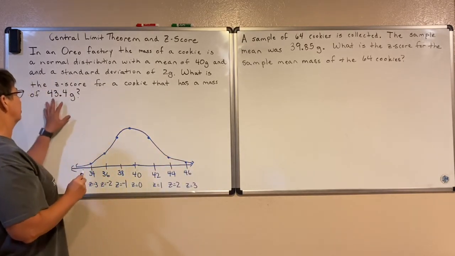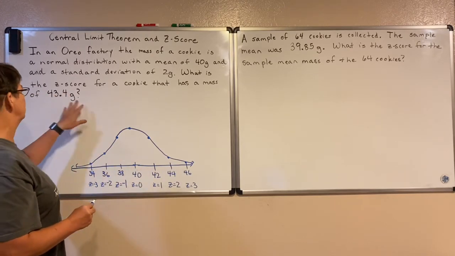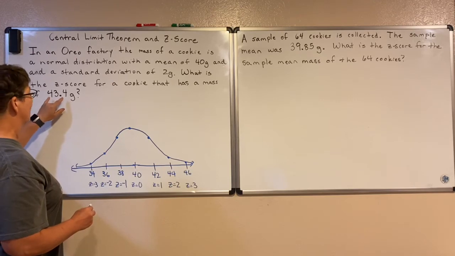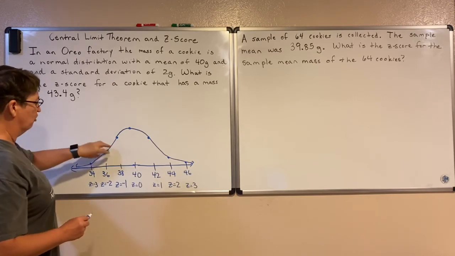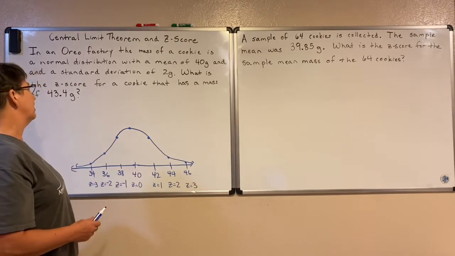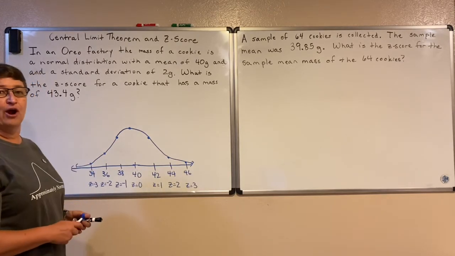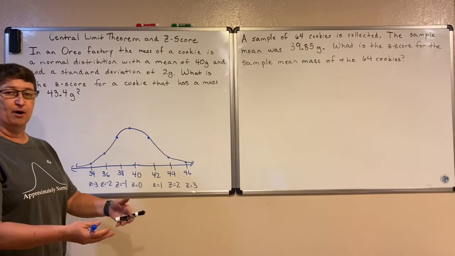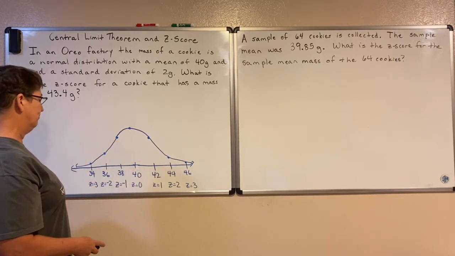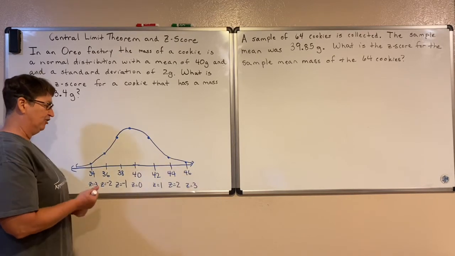And this particular cookie that we've randomly chosen from here has a mass of 43.4. That mass is somewhere in here. And we want to know what is the z-score, or how many standard deviations above or below the mean is this mass, this 43.4, that data value.